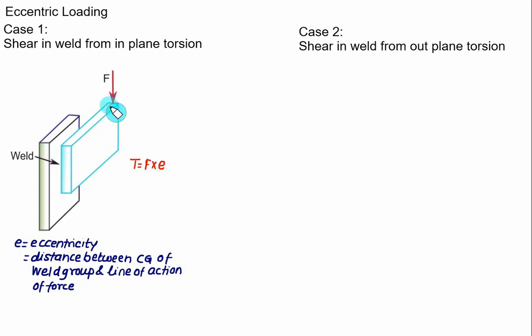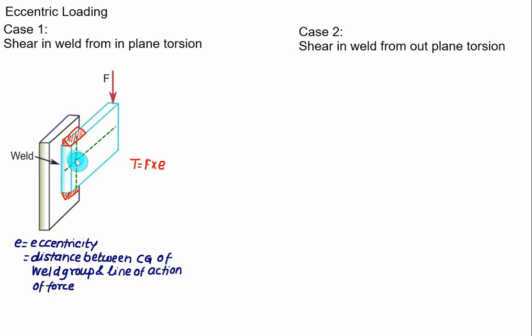We can show the torsion in the same plane. Let's consider we have a weld on the top, this one representing the weld on top, and this one representing the weld at the bottom. Now these two weld lengths are almost symmetrical, so we can locate the centroid here.